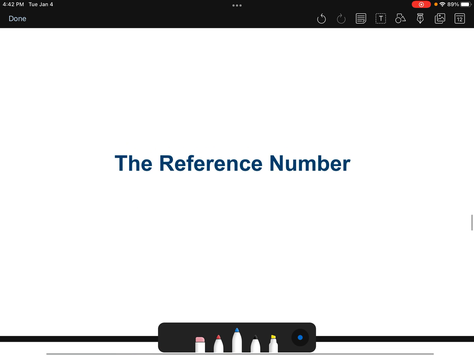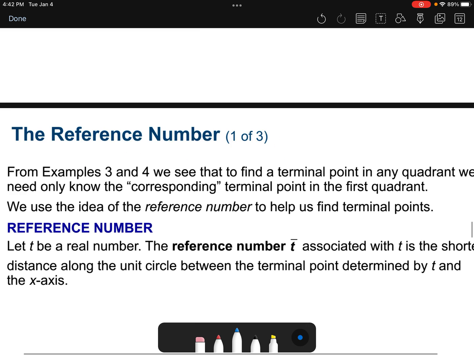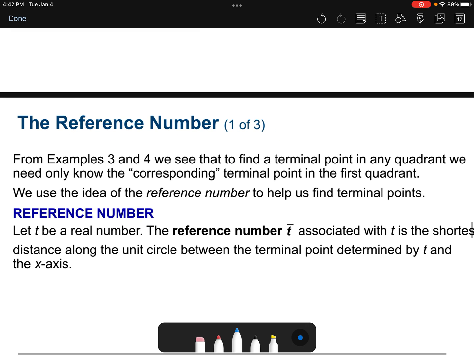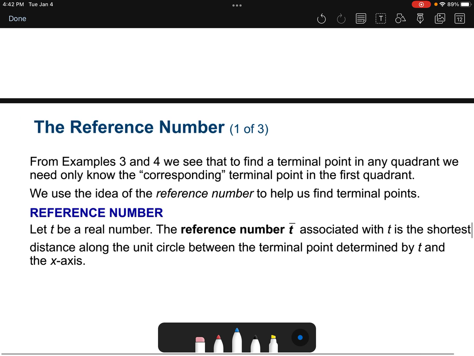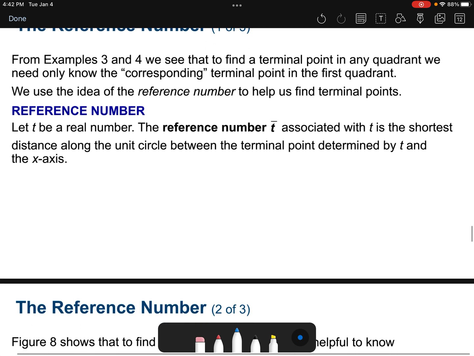All right, now, the reference number. From these examples that we just did, we know we can find any terminal point in any quadrant we need only by knowing the corresponding terminal point in the first quadrant. Now, we use the idea of reference number to help us find terminal points.